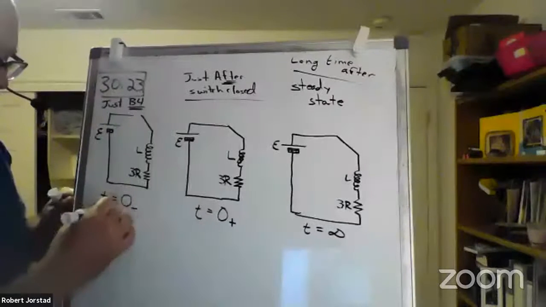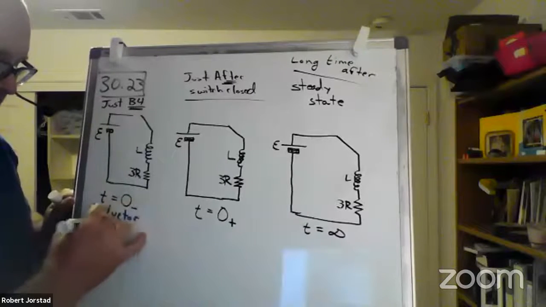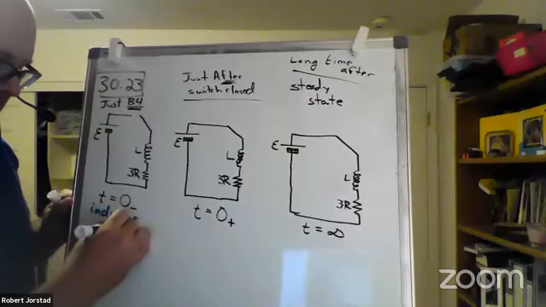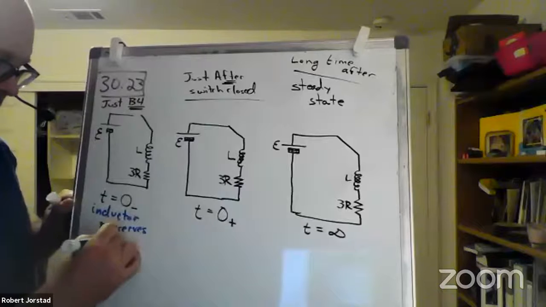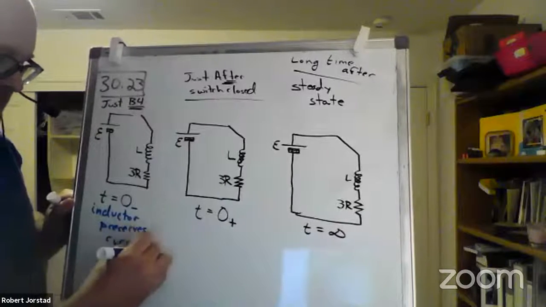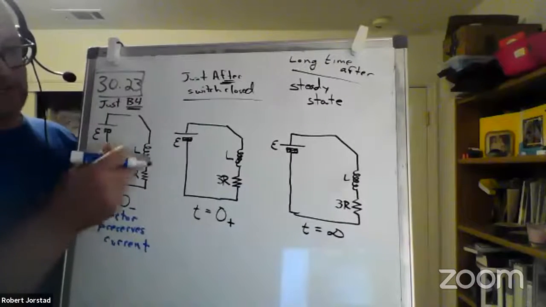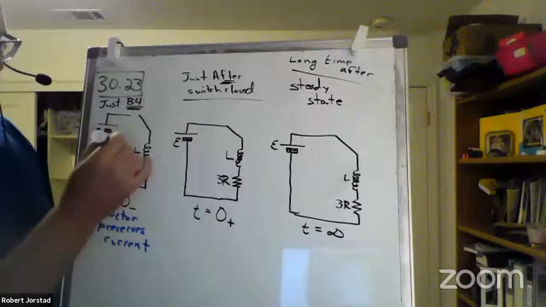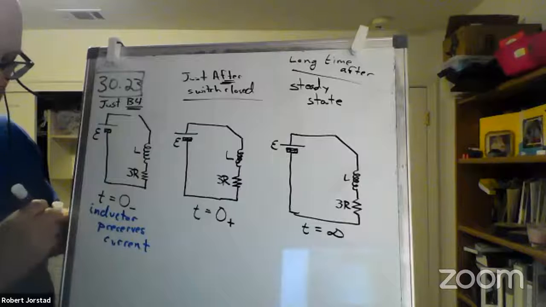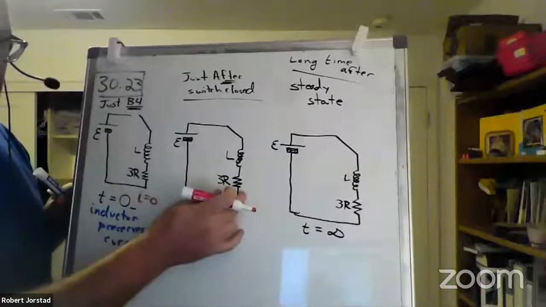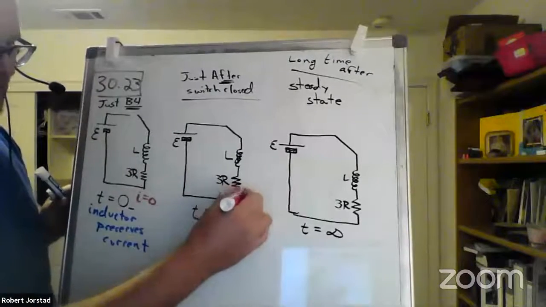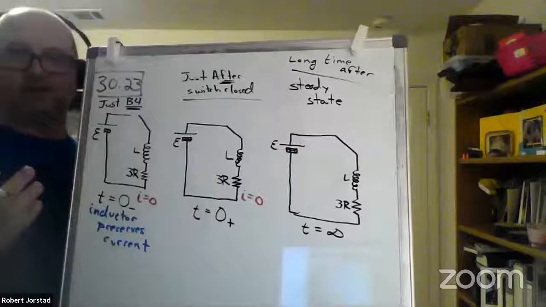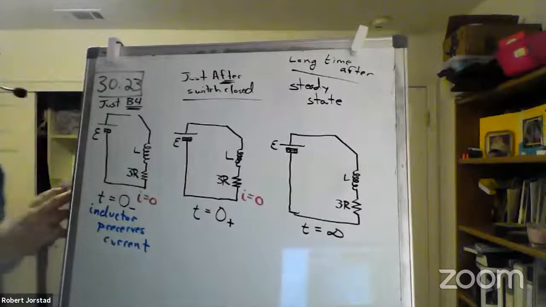Because an inductor preserves current. So it is going to keep the same current. Well, in this case, what's the initial current with the switch open? Nothing. Nothing. So as we go over here, that's going to be the same. That's how you get this started, because if you don't have that piece, you're lost.